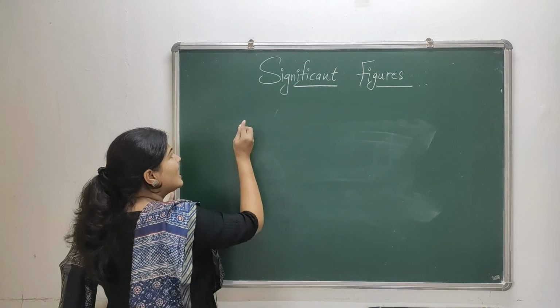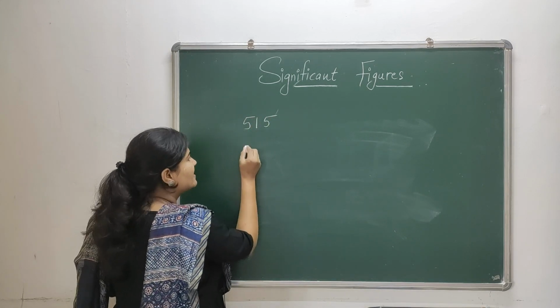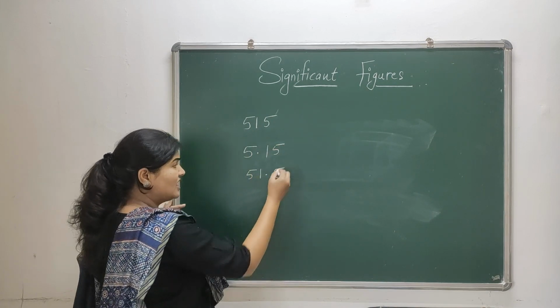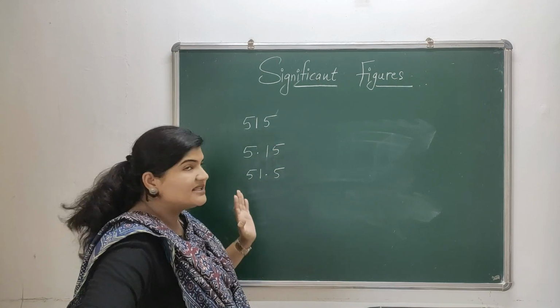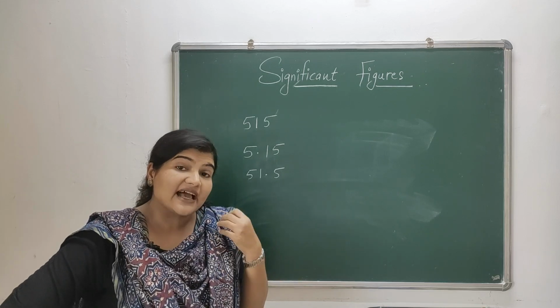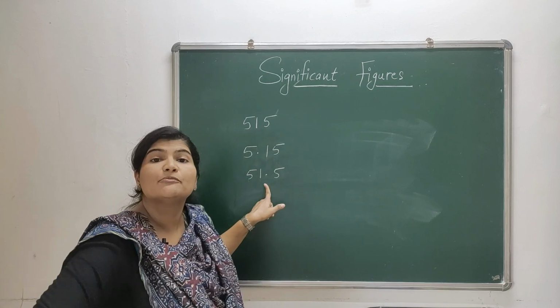For example, I have these figures: 515, 5.15 and 51.5. When we look at these figures, we may feel that all of them are different. Yes, they are. But when we are deciding the significant figures, we should not consider the decimal point.